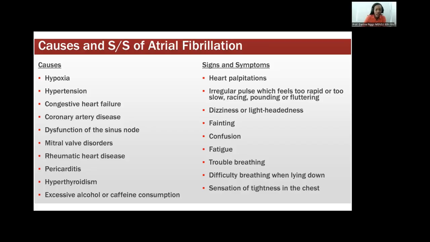So some of this we haven't covered. As we cover it, the information is going to circle and make sense. Hyperthyroidism, excessive alcohol and caffeine, because we're talking tachy. So you see some of these causes are similar to any of the other tachy issues.